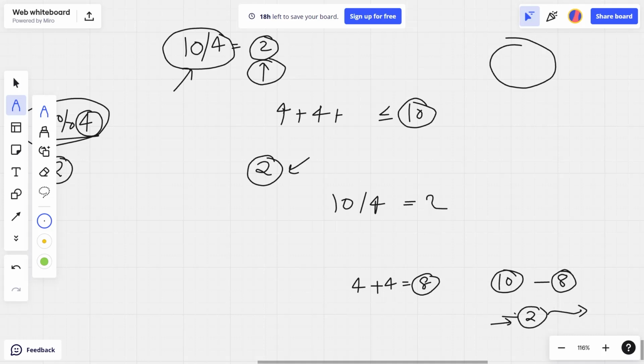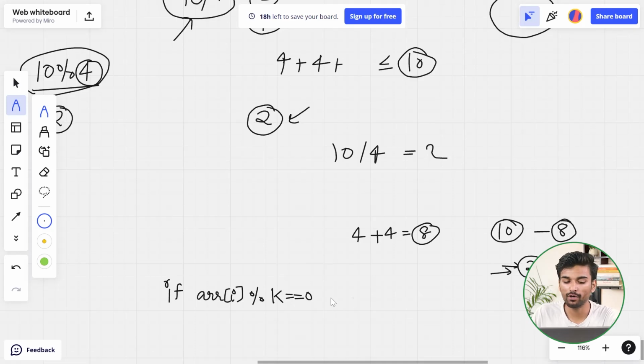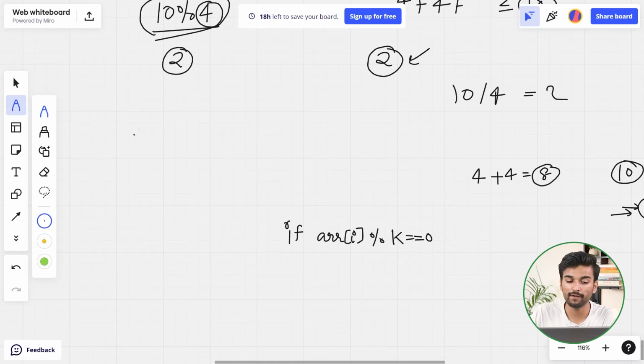So for this particular element, how can I find out? If array of I modulo k is equal to 0, it means that array of I is completely divisible by k. Then there is no need to take one extra number, because this extra number will only be taken when it is not divisible. So for example, if we are given array of I as 12 and k value as 4, you can find out how many times you can add 4.